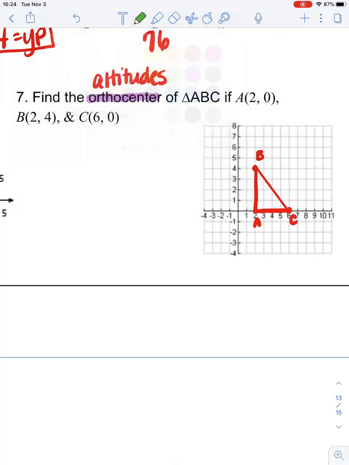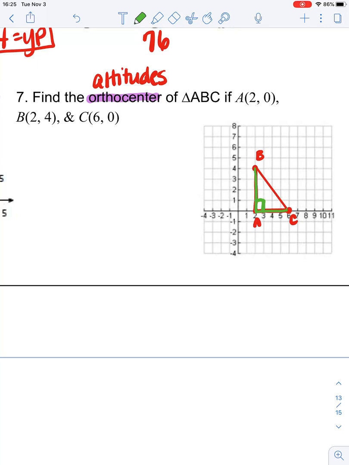Well, you can look at this and see that because AB and AC are perpendicular, AB is vertical, AC is horizontal, then those are both altitudes. So we have AB is perpendicular to AC, AC is perpendicular to AB.